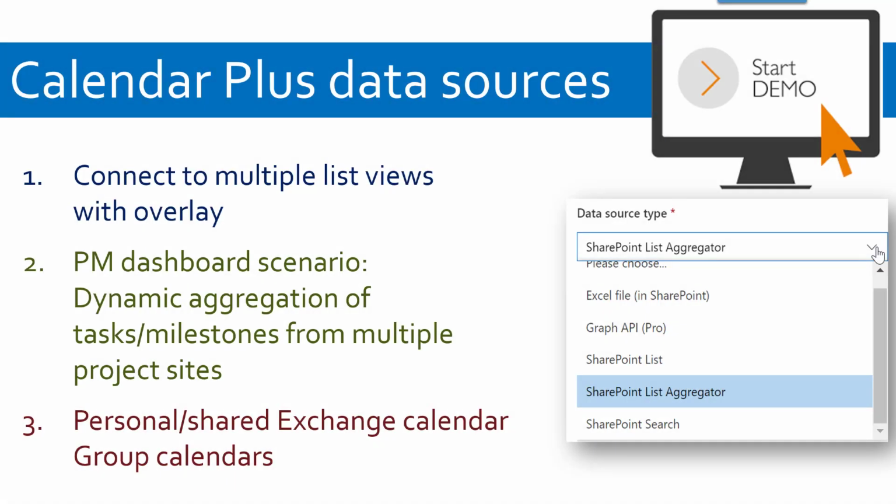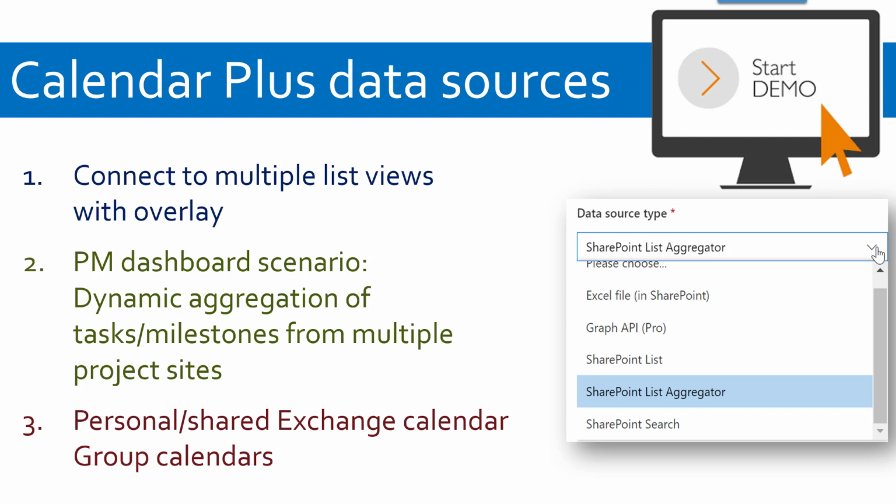In the current example that you've just seen, I manually added 3 data sources. Now imagine that you need to show 20 data sources or 30 or more. So this method of manually adding your data source is quite limited. Looking at the second example, the PM dashboard scenario, here I'm looking at a more dynamic aggregation.